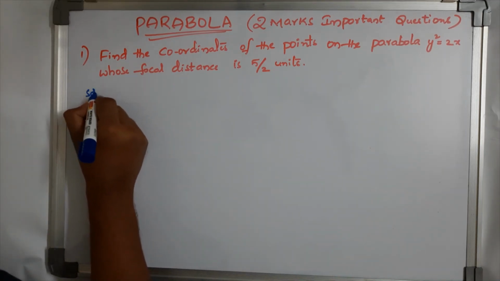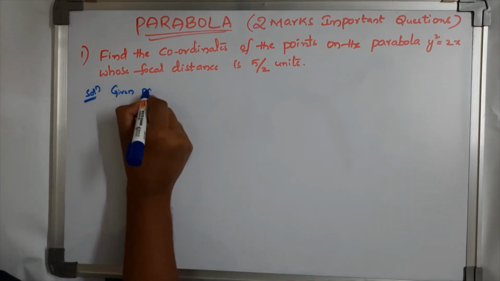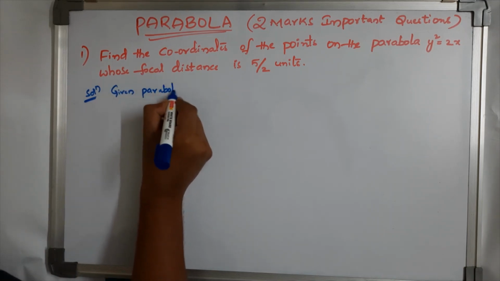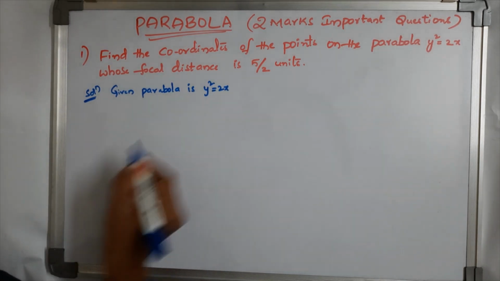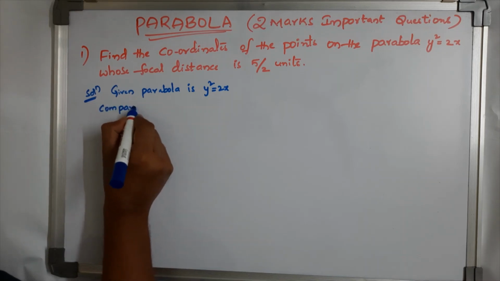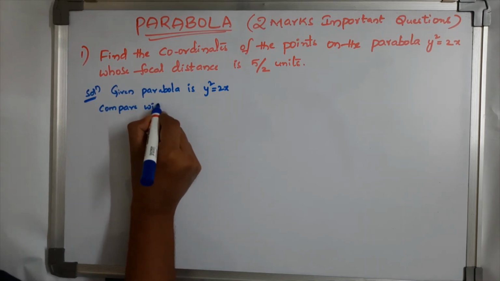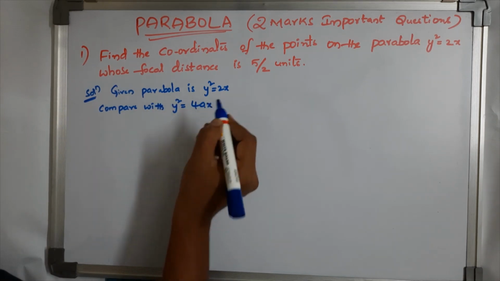write down the given parabola. Given parabola is y square is equals to 2x. So that compare this equation with y square is equals to 4ax.